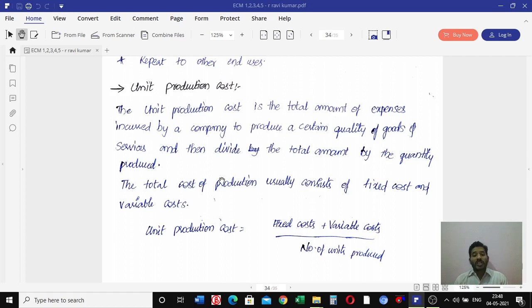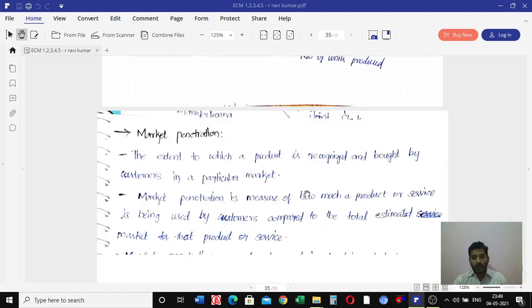Total cost of production usually consists of fixed costs and variable costs. The unit production cost is equal to the fixed cost plus variable cost divided by the number of units produced.